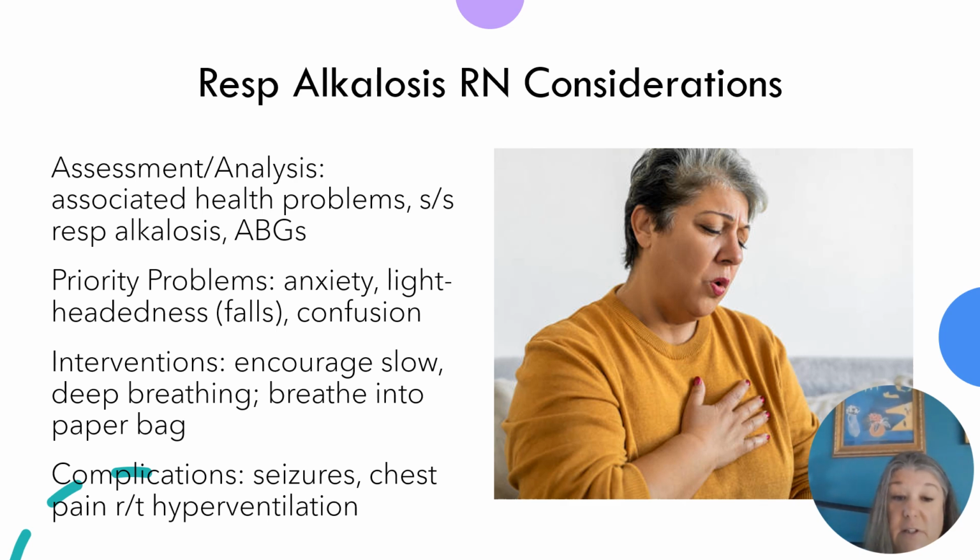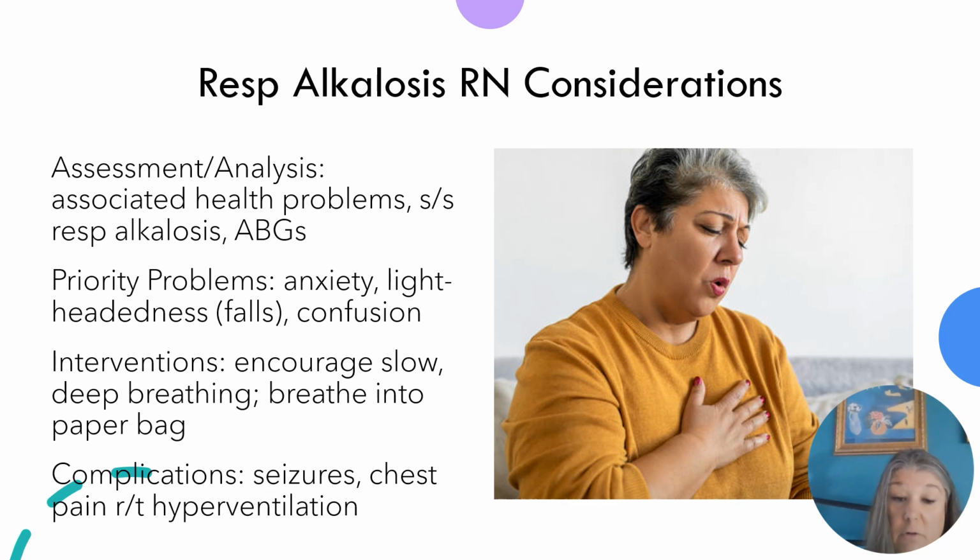Our nursing considerations, we're going to be watching our O2, our ABGs. We're going to try to calm our person down. Our person's going to feel lightheaded, so we're going to worry about falls. Related to the lightheadedness, they may be kind of confused. This is not a person you want walking to the restroom on their own.